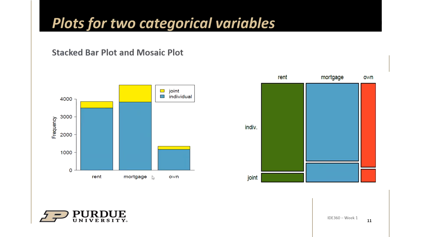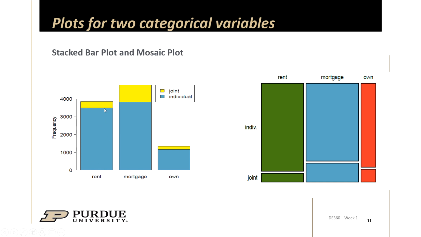So from there, we can also make arrangements for looking at two categorical variables at the same time. In this particular case, on the right, you have a stacked bar plot, which basically says, okay, I have two different categorical variables and I want to see the frequency within.